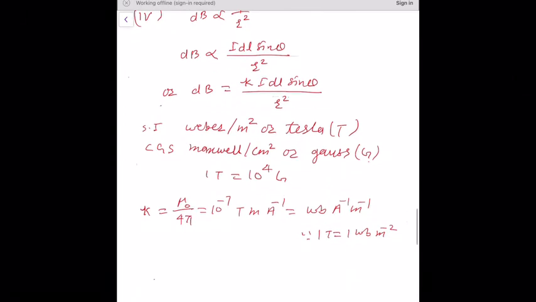Here mu naught is called absolute permeability of vacuum or free space.